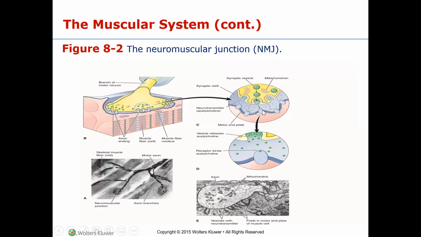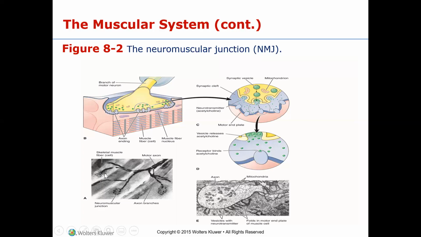And then the receptors that are embedded in the plasma membrane of the muscle cell or muscle fiber are interlocking with those chemicals, the acetylcholine, and then that institutes and begins an action potential, which starts a muscle contraction. So here, you see, this is a skeletal muscle fiber cell. This is a neuron.